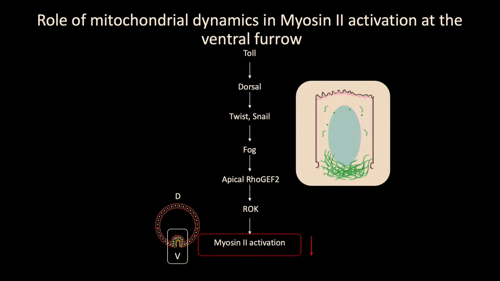So how do you change the shape of mitochondria? Mitochondria are very dynamic organelles. They keep fusing and dividing, and the fusion and fission is regulated by the dynamin family of proteins. There are dedicated proteins for fusion and dedicated proteins for fission of mitochondria.